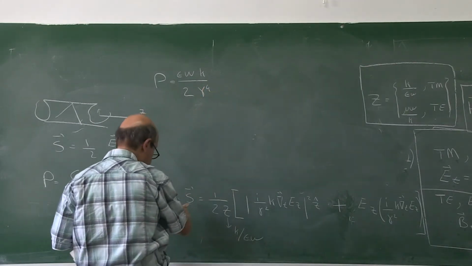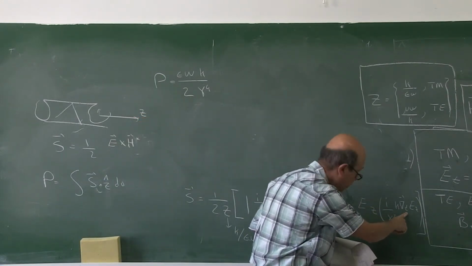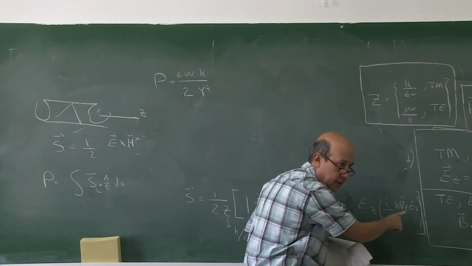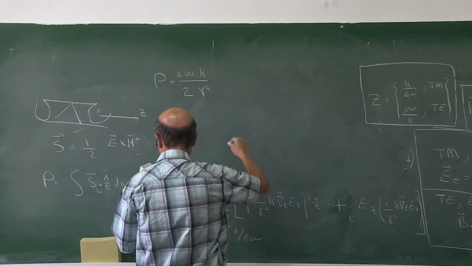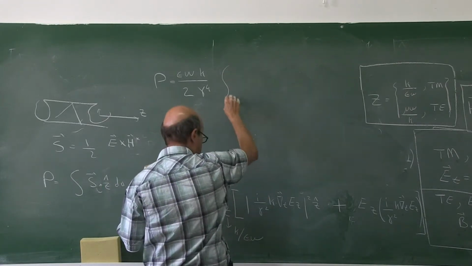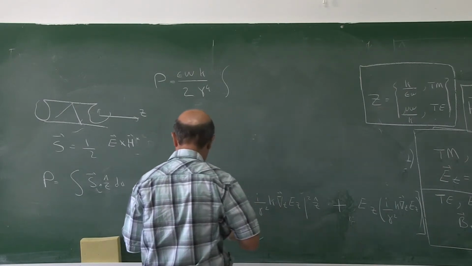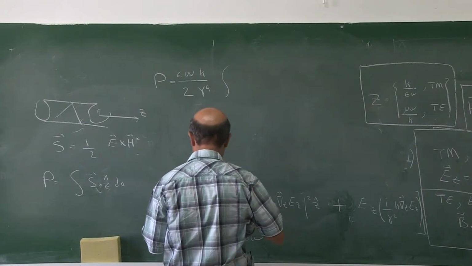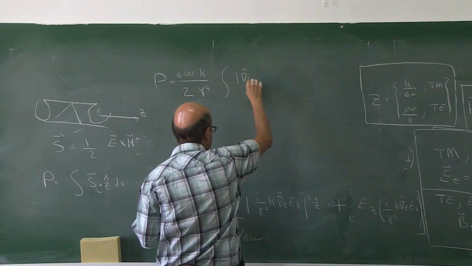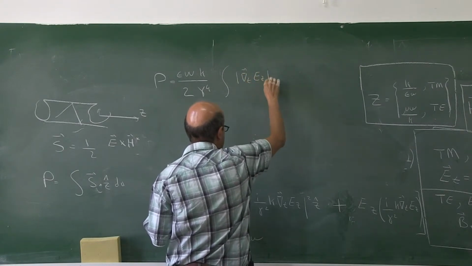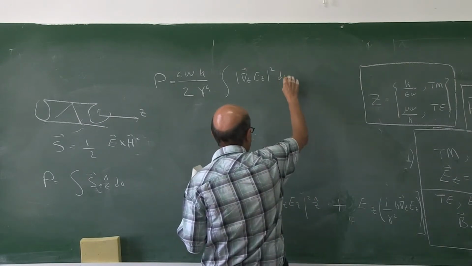And if I take the scalar product with z, this will be unity, and that should be 0. Okay, because this is in the transverse direction, no contribution, and you will get this integrated dA.